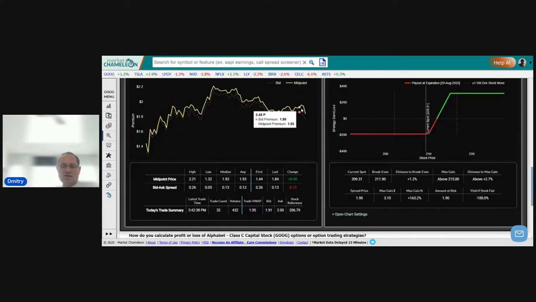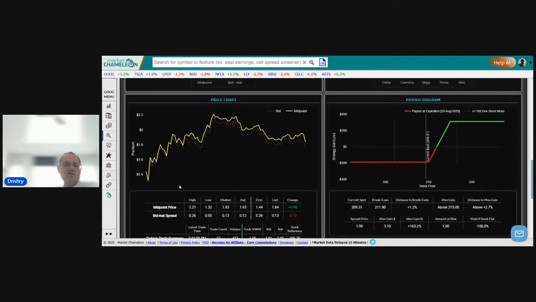So we could see that this line is showing us that this is a pretty volatile strategy, in the sense that it moves around. It's not one flat line where it stayed the same all day. It looks like throughout the course of the day it increased in value, but it doesn't stay at the same spot.